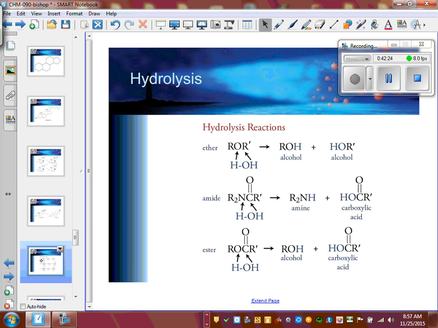All right. We can talk about a couple different types of reactions. We said when we put something together and lose water, it's condensation. We can add water, break something apart, it's called hydrolysis. So here, if we take an ether and add water, we get 2 alcohols.